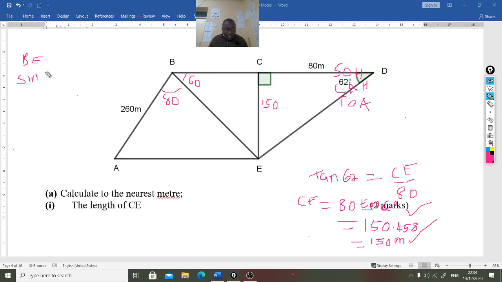Sine of 60 equals the opposite to 60, which is 150, all over the hypotenuse, which is BE.